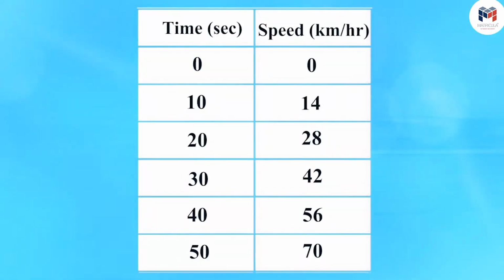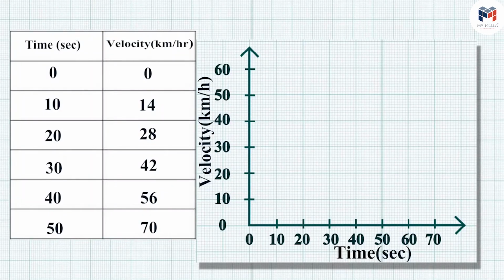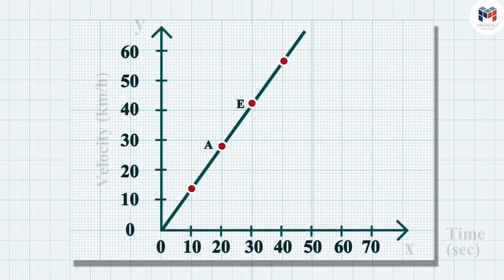Let's suppose the train driver records the velocity of the train starting from rest at each 10-second interval. Can you plot the velocity time graph of this data? It should look like this. For uniformly accelerated motion, the velocity time graph is again a straight line.